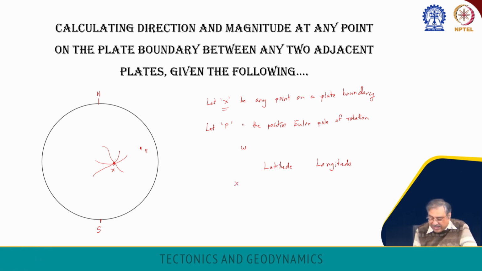So the latitude of point x, let us call it lambda subscript x. We will use the symbol lambda whenever we're talking about the latitude, and let the longitude be depicted by phi. So this would be phi x. So the position of point x on the surface of the earth is given by its latitude lambda x and the longitude phi x.